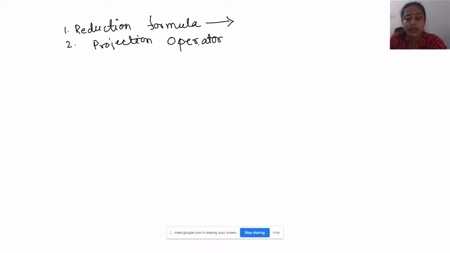The name itself suggests that this is going to reduce one particular representation and tell you what irreducible representations can be contained in that reducible representation. Now we have done a similar thing by our geometrical approach.